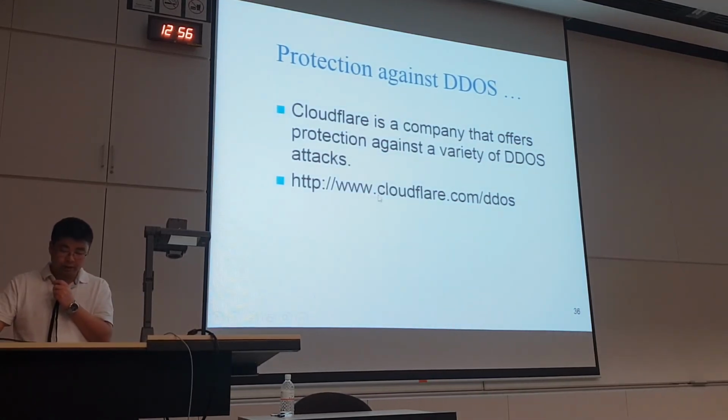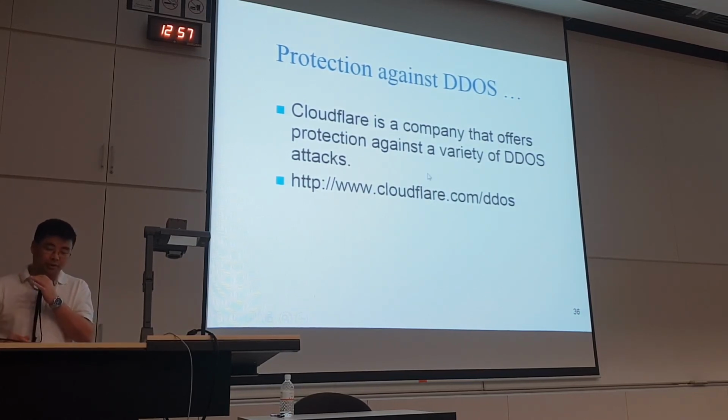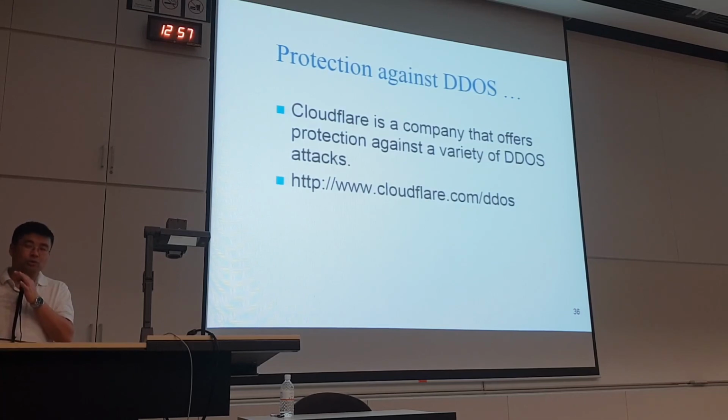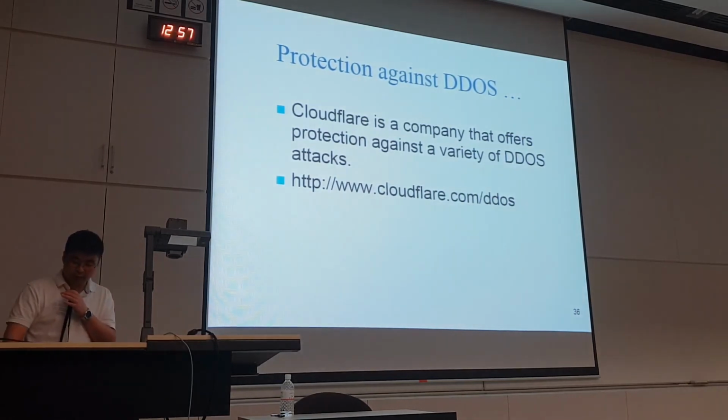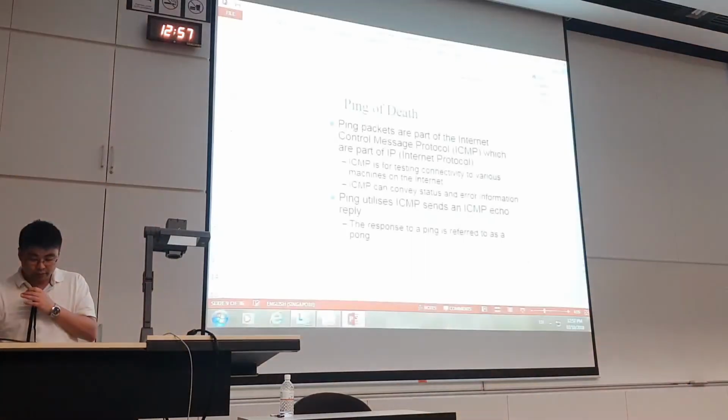They sell products for preventing denial of service attacks, but they also provide a lot of information about, for example, the knowledge and the state-of-the-art technology for preventing intrusion and denial of service attacks. So you can go to the website and see some information.